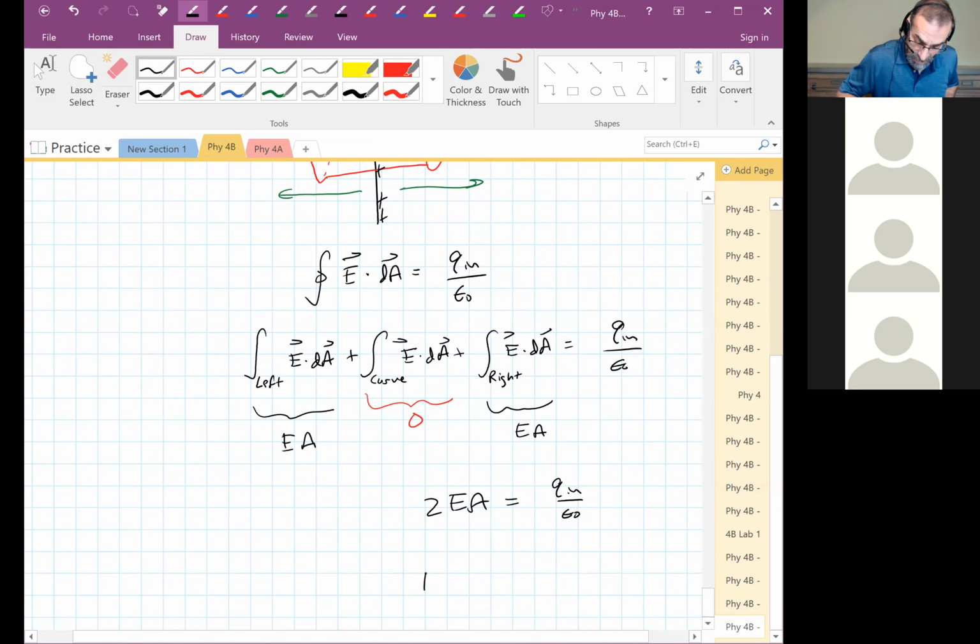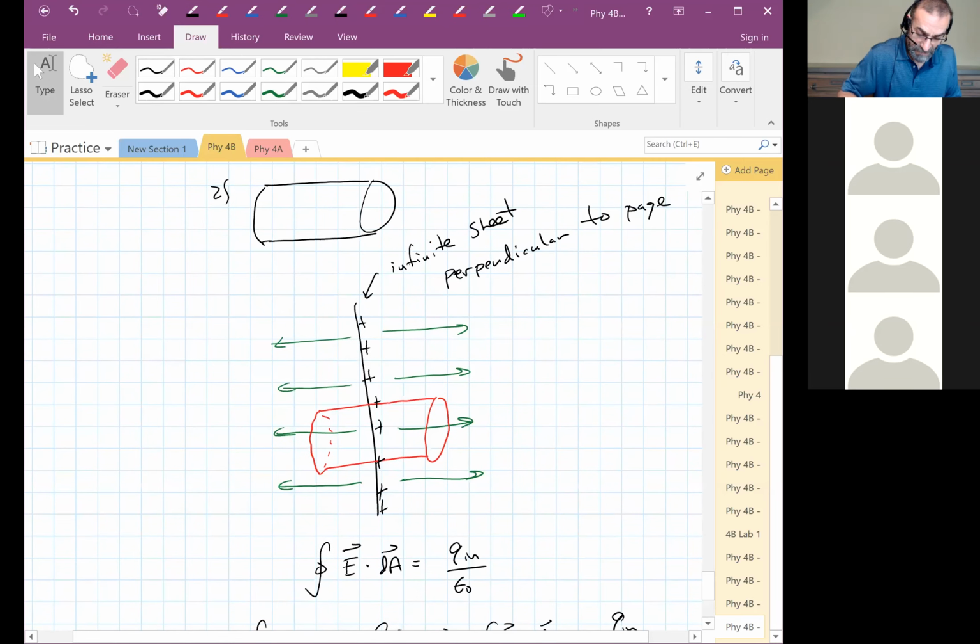And so I've got E is 1 over 2 epsilon naught, Q in over A. And what is the area here? It's the area of the end cap of my cylinder, right? It's this area right here.